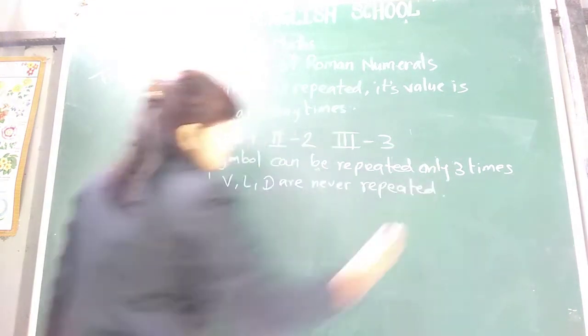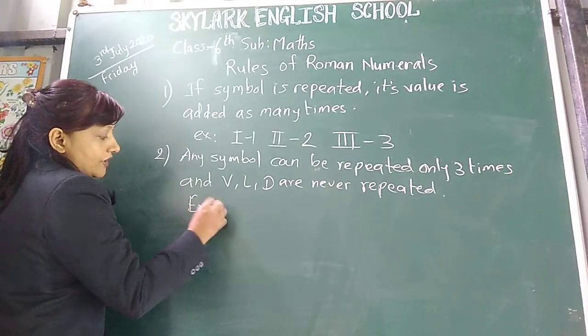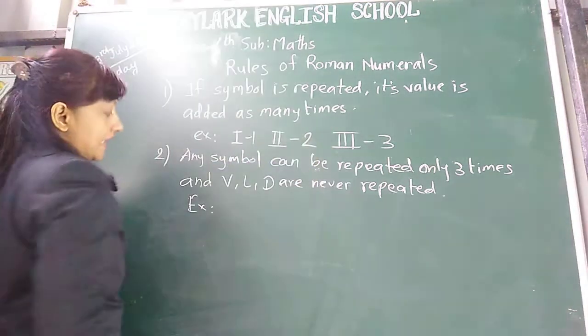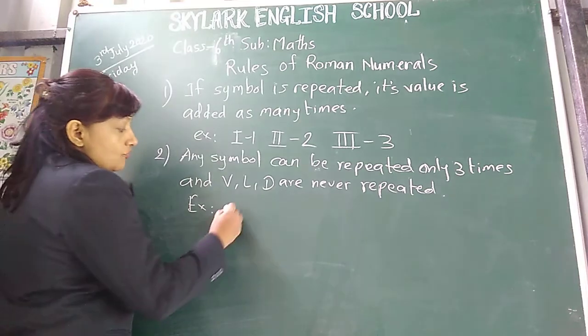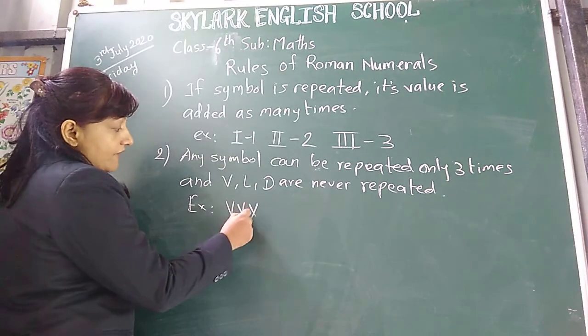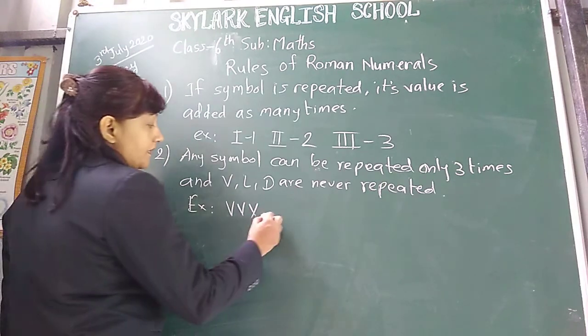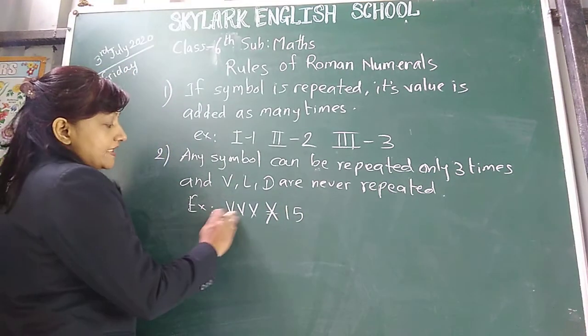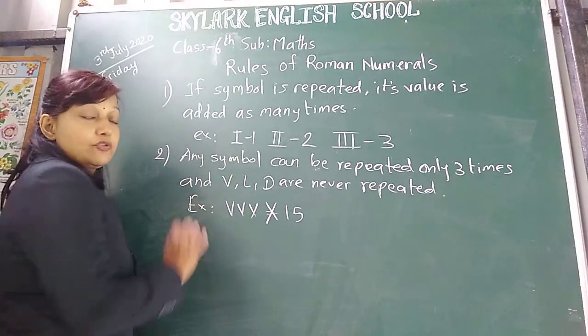I will give you some examples. Any symbol cannot be repeated, so I have also written this. V cannot be written as 55, and that cannot be written as 50. This is wrong. So V cannot be written 3 times or even 2 times.